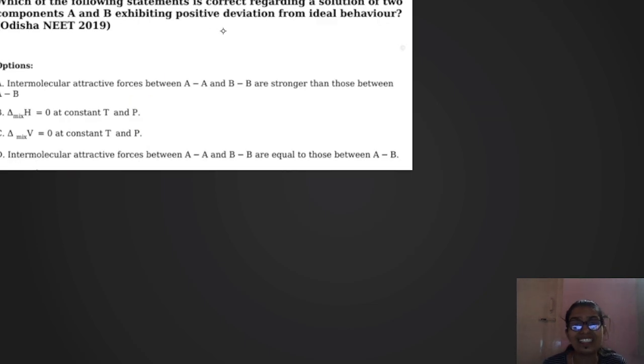Which of the following statements is correct regarding a solution of two components A and B exhibiting positive deviation from ideal behavior? So they are asking about positive deviation and which is the correct statement. As we know, in positive deviation, the interaction of AB is less than AA and BB.